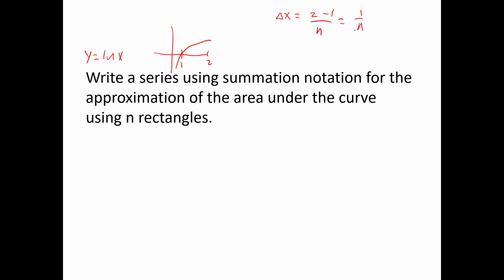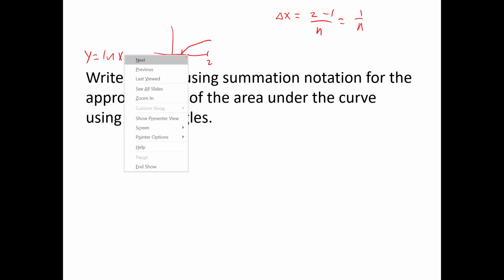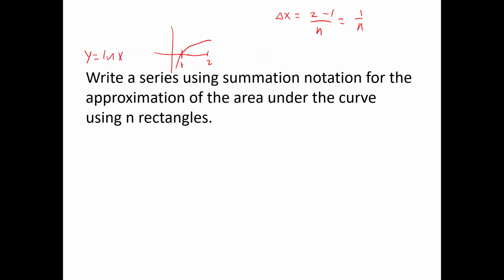If you need to see a visual, right, so then you're starting at 1, which is n over n, and then you're going up by 1 over n, so it's n plus 1 over n, and then n plus 2 over n, because each time you go up by 1 over n, you just add 1 over n. And so then your area using n rectangles, the width of each rectangle is 1 over n.